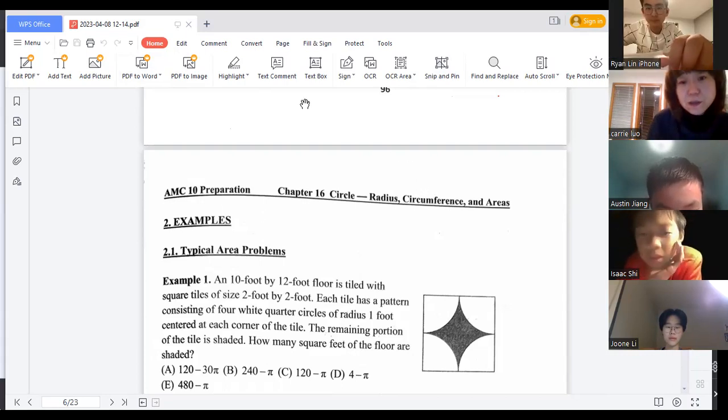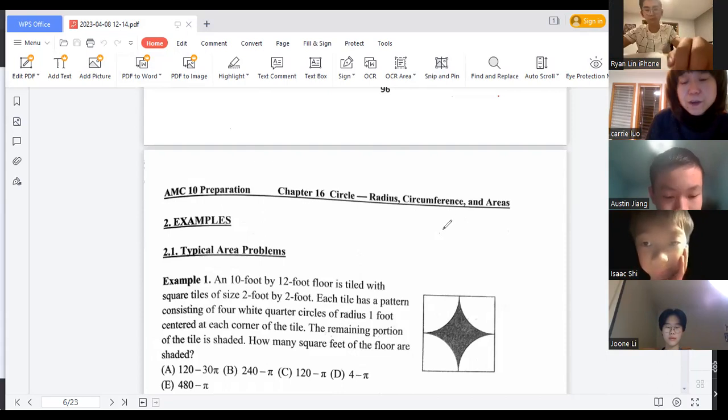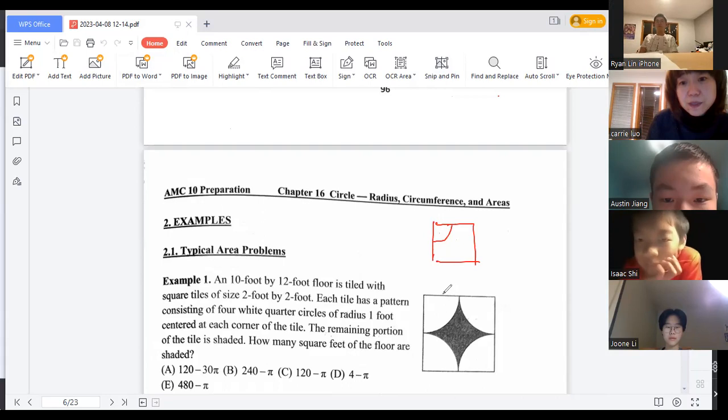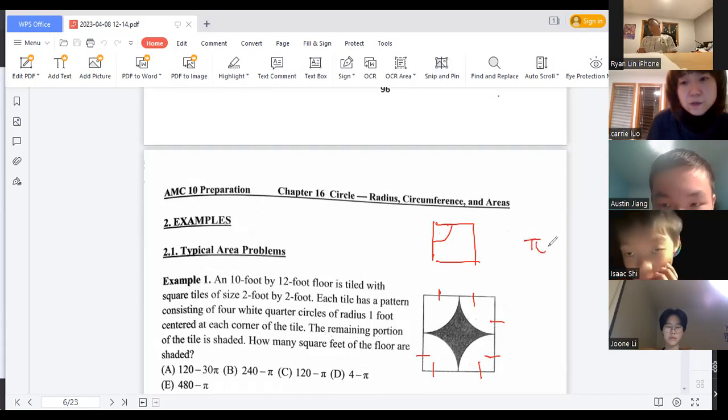我们看到这里有一个2 by 2的方块，对不对？我们知道它的半径，这个是1，这个是1，这个是1，这个是1，对不对？那四个1/4圆加起来刚好一个圆，那这个圆的面积是不是就是派？Right? So the shaded area of each tile is 2 times 2 minus pi, equals 4 minus pi.